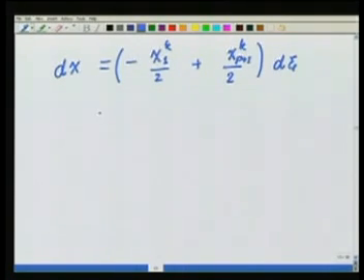So, if I take this, what is x p plus 1 minus x1 for the element k? It is nothing but the size of the element k. So, I can write it as h k by 2 into d psi.